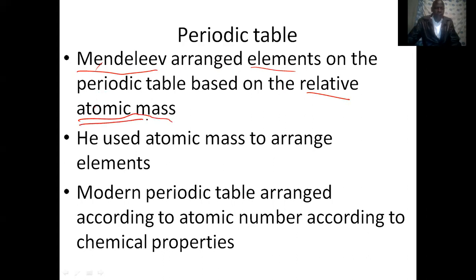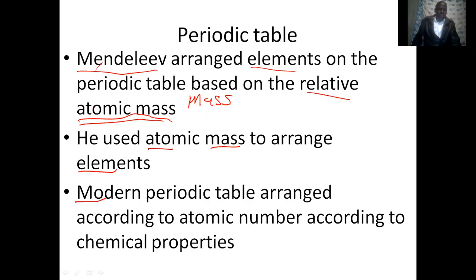So Mendeleev arranged according to mass. Very important. These elements were arranged in that order using the mass. Each element was arranged according to its mass.